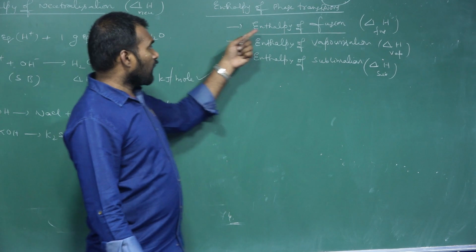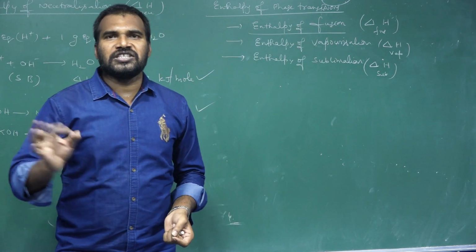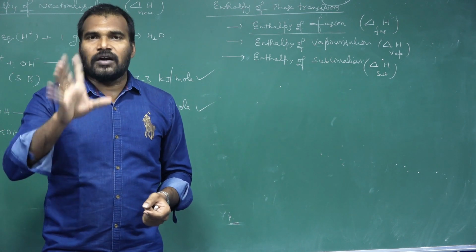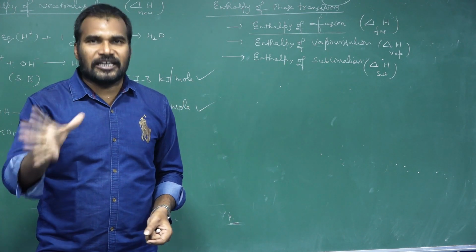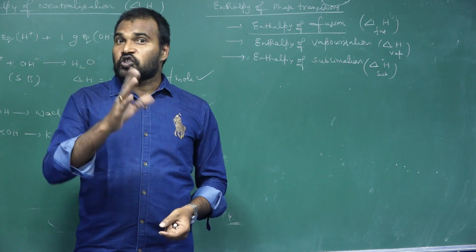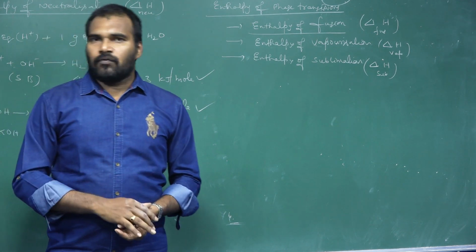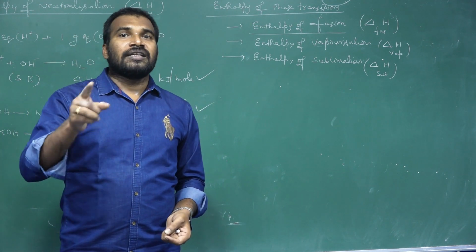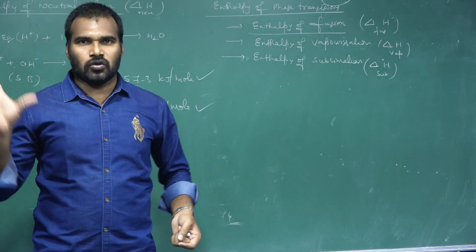So how do you define enthalpy of fusion? It is the change in enthalpy when 1 mole of a solid substance completely melts into liquid at its melting point. If 1 mole of ice melts into liquid water, it consumes nearly 6 kilojoules of energy.